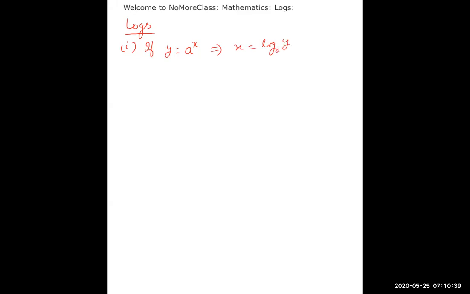We can write both in reverse form. From left I can go to right, from right I can go to left.